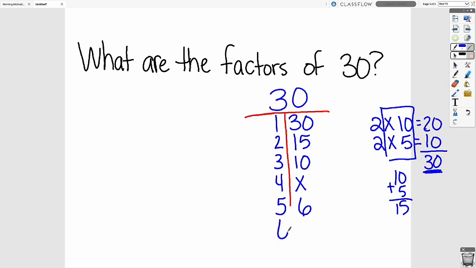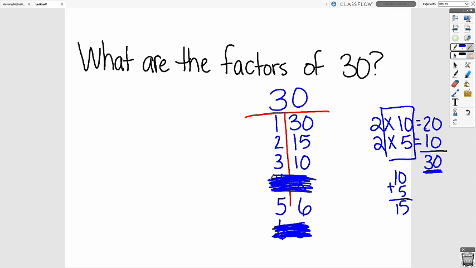Then I go to 6. Is there a 6 times something that equals 30? Yes, 6 times 5. So what do we know about this number here? We are finished because 6 times 5 is the same as 5 times 6. And I'm going to scratch this out here because 4 does not have a factor, friend.